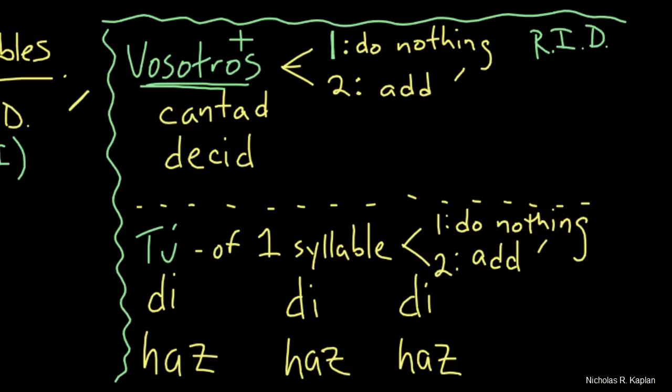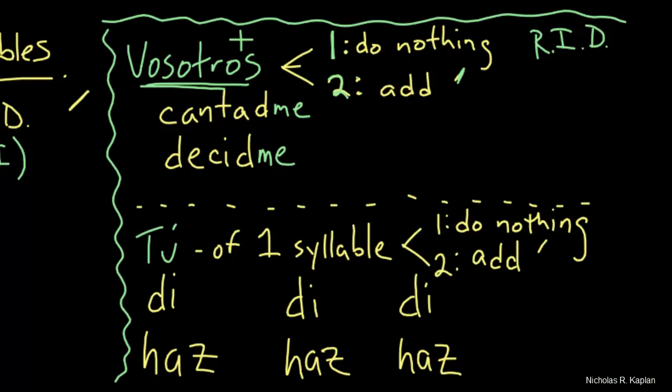If you just add 1 of those, like you wanted to say, sing to me, you don't do anything. You do nothing. This makes our life easy. Or you wanted to say decidme, tell me. Again, you do nothing. But if for some reason you're going to add 2, then we're going to need the written accent.